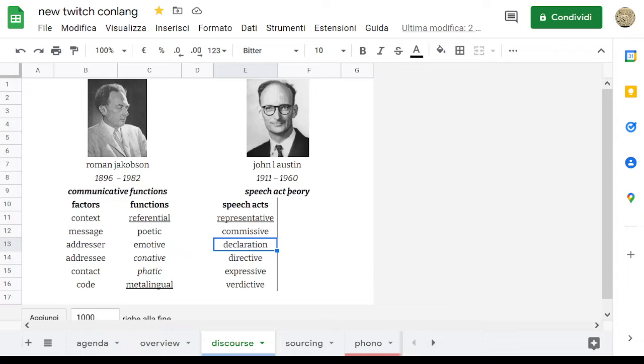And let me explain a little bit more what I mean. A declaration is often what other linguists who don't think in this framework call a speech act. They might only call what Austin calls declarations a speech act. But Austin thought all of these were different kinds of speech acts, and declaration was just one of them. But I think giving an example would help with this.